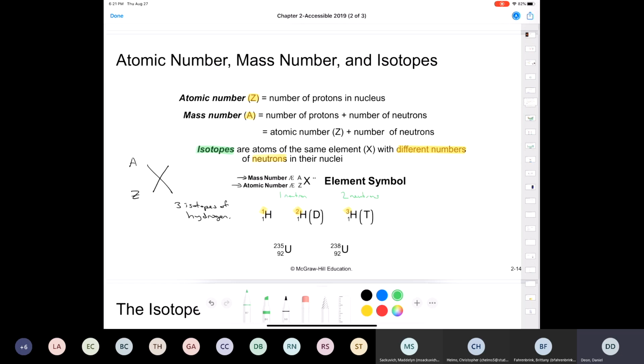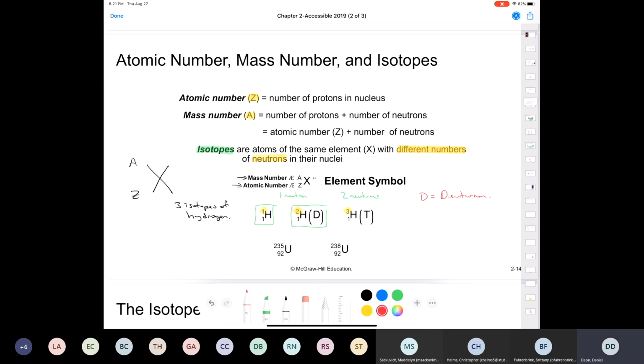Now, there's a few ways you can express these. This one is simply called hydrogen. This one here, you've got 2 options. You can call it hydrogen 2, or you can call it deuterium. That letter D stands for deuterium. The other elements don't have these sassy names for their isotopes, only hydrogen does.